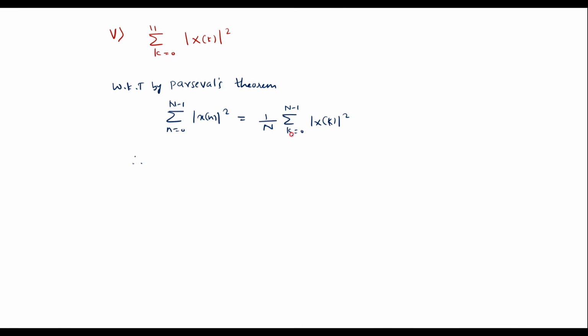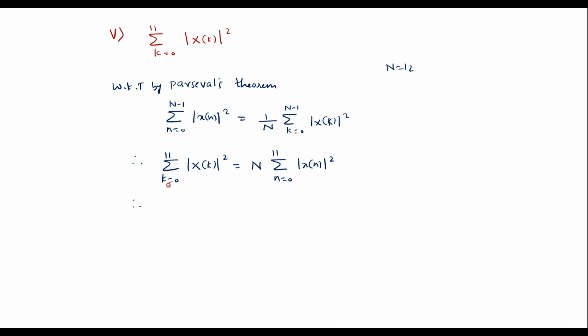So we need summation k equal to 0 to 11, where N is 12, of magnitude x of k square, which equals N into summation n equal to 0 to 11 of x of n square.